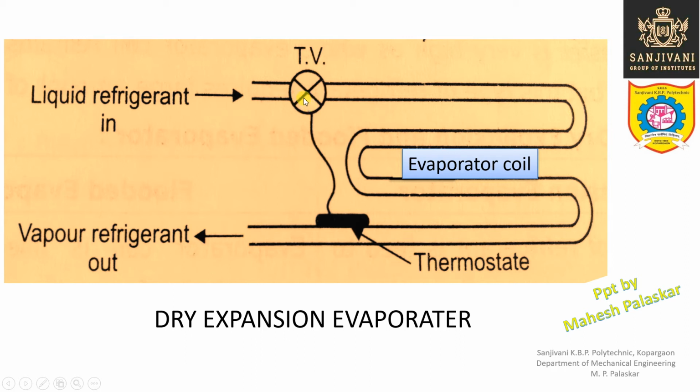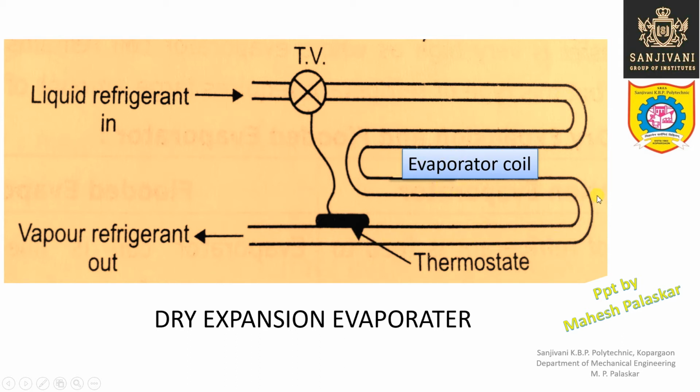The refrigerant present in the thermal bulb will pressurize the diaphragm, and the diaphragm will move, and that movement is converted into an increase in the opening of the valve. This allows more refrigerant to enter the evaporator coil, and thus the flow rate of the refrigerant in the evaporator coil will be increased. So vice versa is also true.